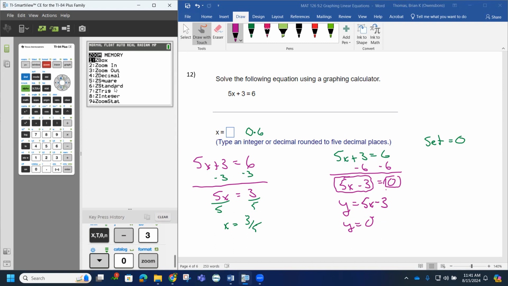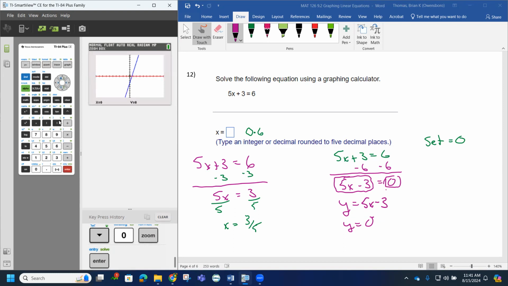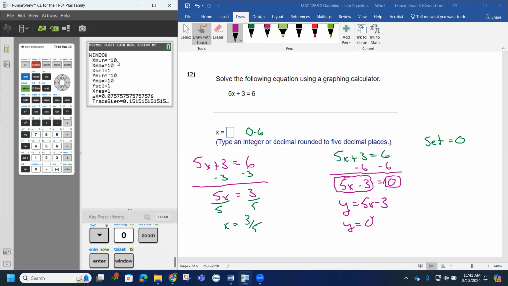Number 6 actually resets your viewing window, because you remember the previous question, the y values especially were like 700 and negative 700 and things like that. So if I hit this Z standard, notice that if I go back to the window, my window gets reset back to negative 10, 10, 1, negative 10, 10, 1. That's usually what, if we're doing our math in this class, this viewing window really works for a lot of our problems.